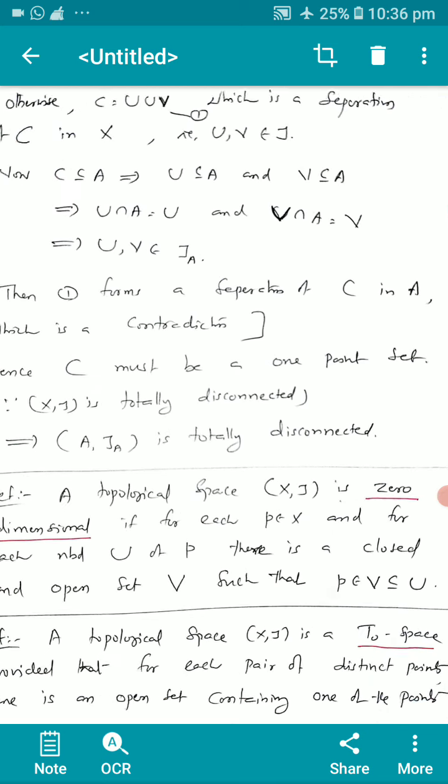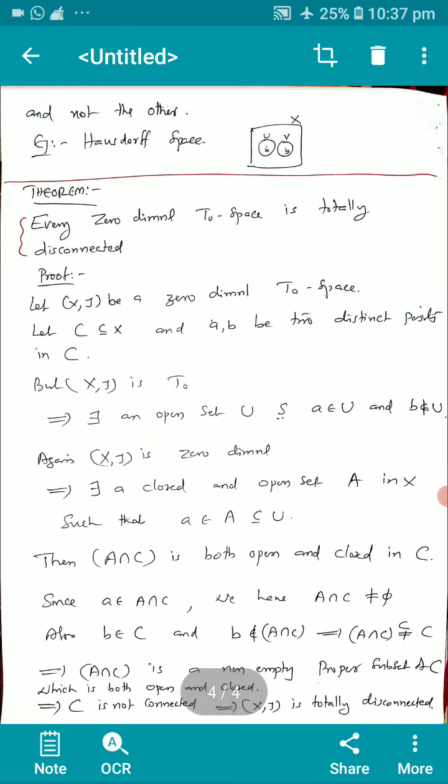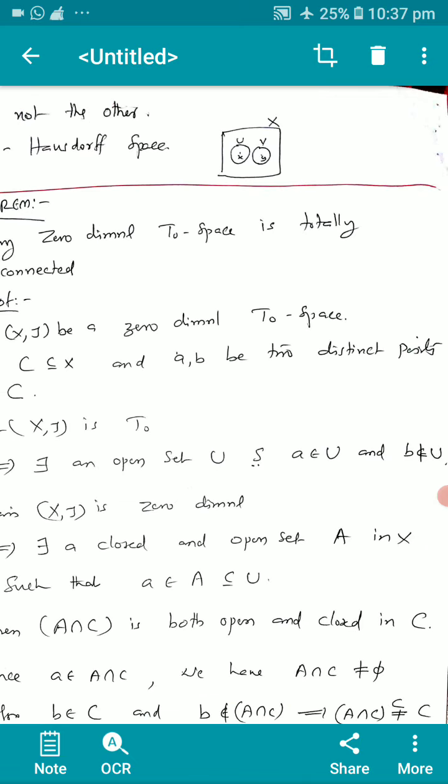A topological space X is a T0 space provided that for each pair of distinct points x not equal to y, there is an open set containing one of the points and not the other. Example, Hausdorff space, that is you are taking two distinct points x and y and U and V, two open sets in capital X, and U contains x, V contains y.